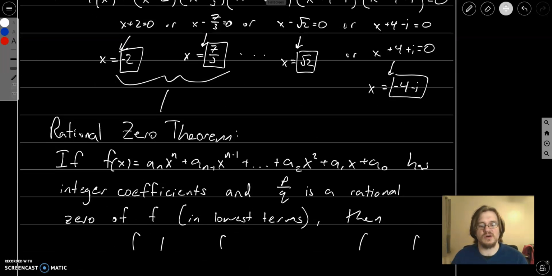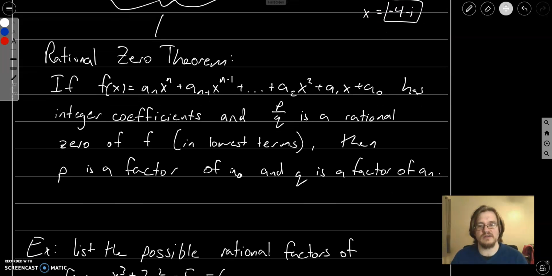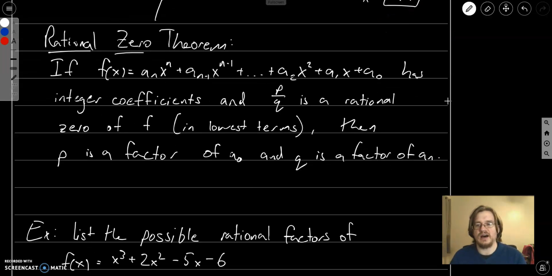And it turns out we know exactly what the rational roots of a polynomial can be. So if you have some polynomial, and it's something times x to the n plus something else times x to the n minus 1, down all the way to something times x squared plus something times x plus the constant term, as long as each one of the numbers that we're multiplying our x's by is an integer, then we know exactly what the rational zeros are going to be.